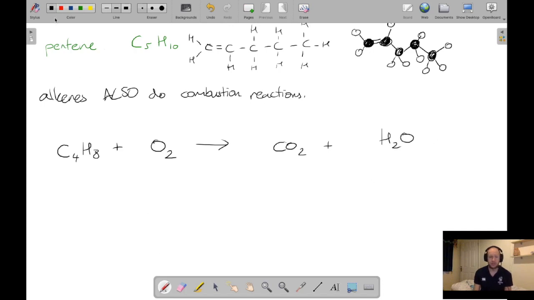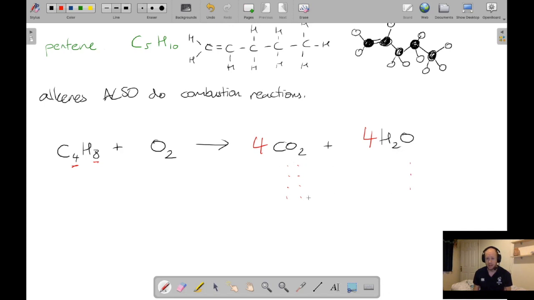Now this isn't complete, we need to do balancing. So we've got 4 here, so that means I need 4 of these. I've got 8 here. Again, I'm going to need 4 of these, because 8 divided by 2 is going to be 4. Let's count up all my oxygens. I've got 1, 2, 3, 4, 5, 6, 7, 8. And here I've got 1, 2, 3, 4.